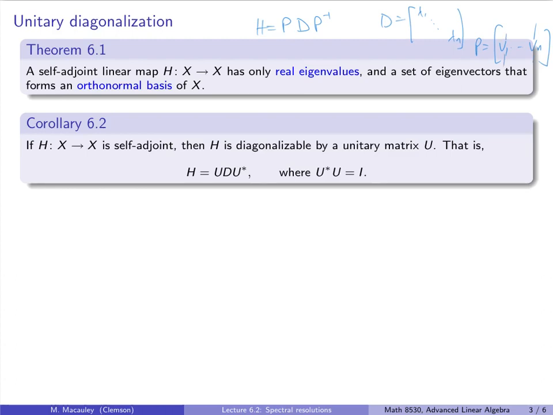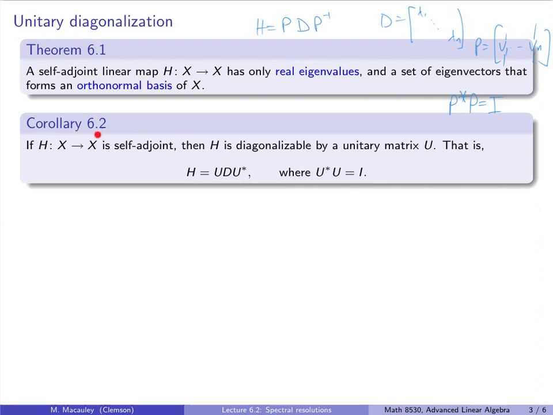And because we can find an orthonormal basis, that means that this matrix can be found to have orthonormal columns, and that means that P star P is the identity. And this type of matrix is called a unitary matrix.